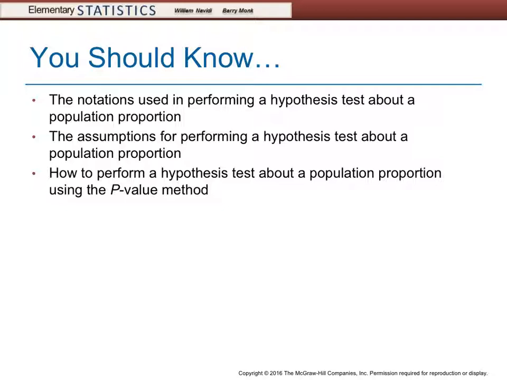So the things you should know out of this chapter is the notation used in performing a hypothesis test about a population proportion, the assumptions for performing a hypothesis test about a population proportion, and how to perform a hypothesis test about a population proportion using the p-value method and also using the TI-83 and 84.